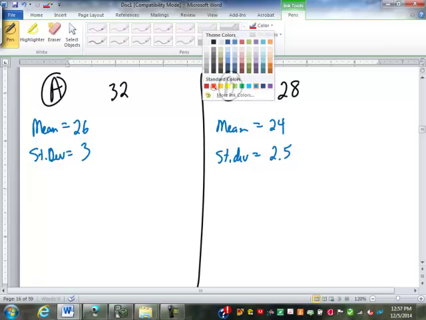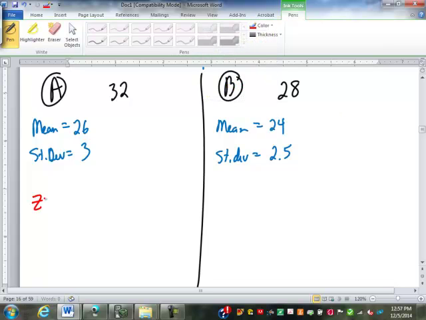So let's find our z-scores. What are we going to do to find the z-score over here? Perfect. 32 minus 26 divided by 3. 32 minus 26 is a positive 6, divided by 3 is a positive 2. This person is 2 standard deviations above the mean for their group. How about this one?